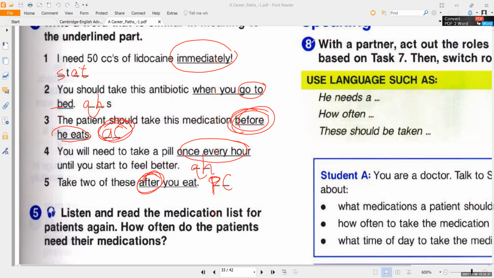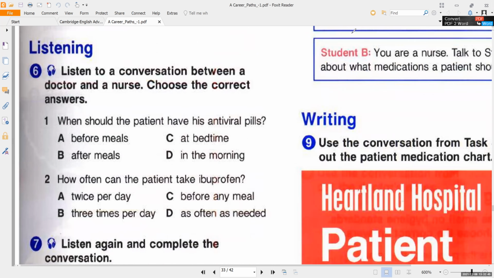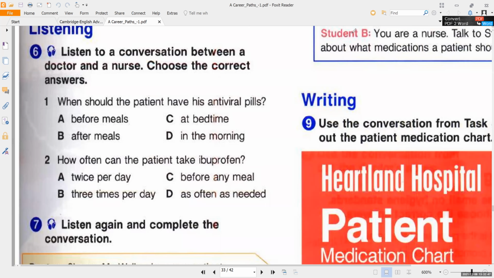Now we are going to listen to a medication list for patients again, how often the patients need the administration of their medications. This conversation is between a doctor and the nurse, and we are going to choose the correct answers. Listen, please, and then answer questions 1 and 2.